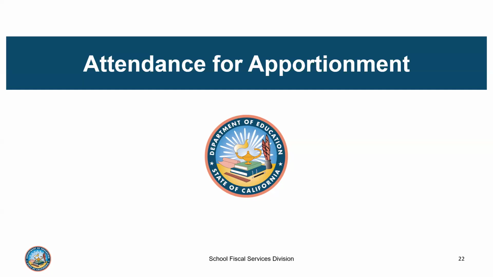In order for ADA to count for state funding, LEAs must meet a significant number of statutory requirements, which include, but aren't limited to, instructional time requirements. Each requirement is distinct with its own fiscal consequences. Attendance and instructional time requirements vary by type of LEA, educational setting, and grade span.